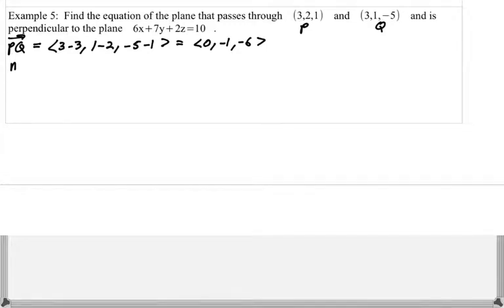And we want it to be perpendicular to the plane that's given. The normal vector of it is 6, 7, and 2. So that's the nice thing about the plane here. Well, it's not quite standard form, but whatever the coefficients on the x, y, and z are, those are going to be the values of your ABC and your normal vector.